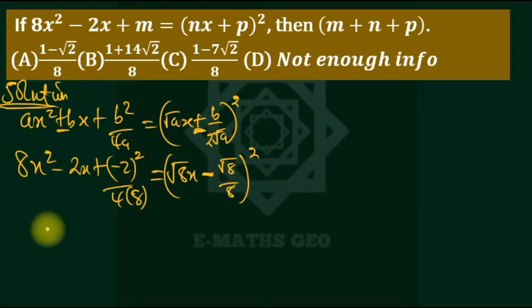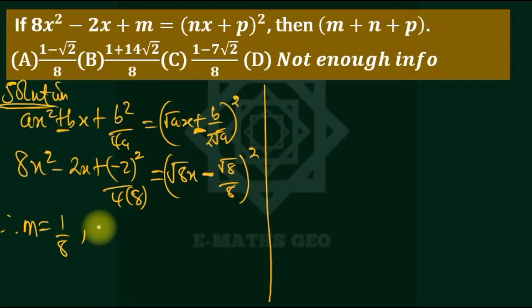So what do you notice? Therefore we'll see that m is 1 over 8. That's this. n is root 8. And p is, since we have minus here, p is minus root 8 over 8.